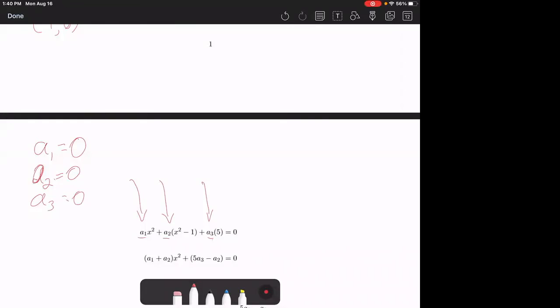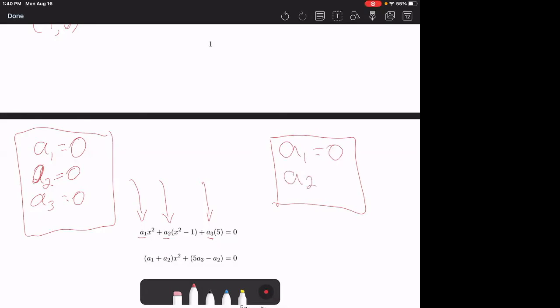If we can reach that this is true, then we have proven linearly independent. However, if we can show that any of them are not equal to 0, even if it's just a1 equals 0, a2 equals 0, and a3 equals 4, whatever, if we can prove that this statement is true, if any or all of them are not equal to 0, then we have proven that the set is linearly dependent.